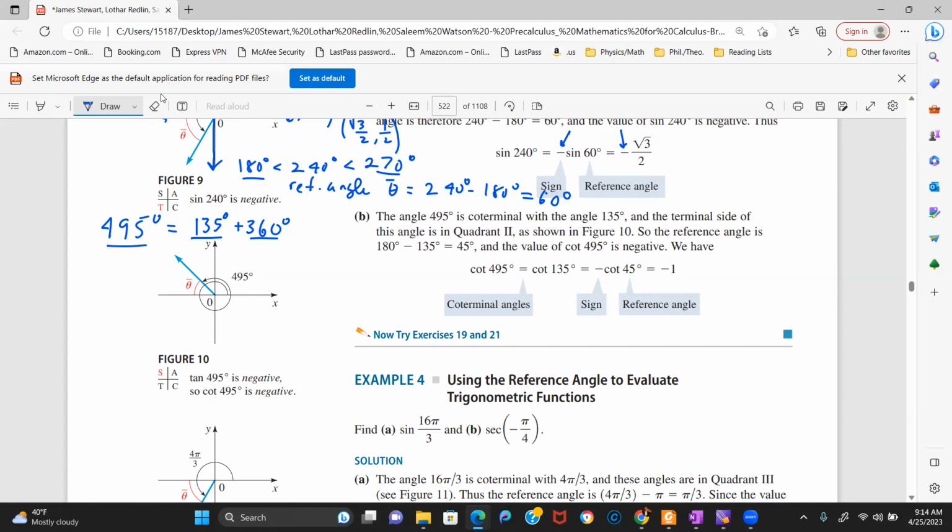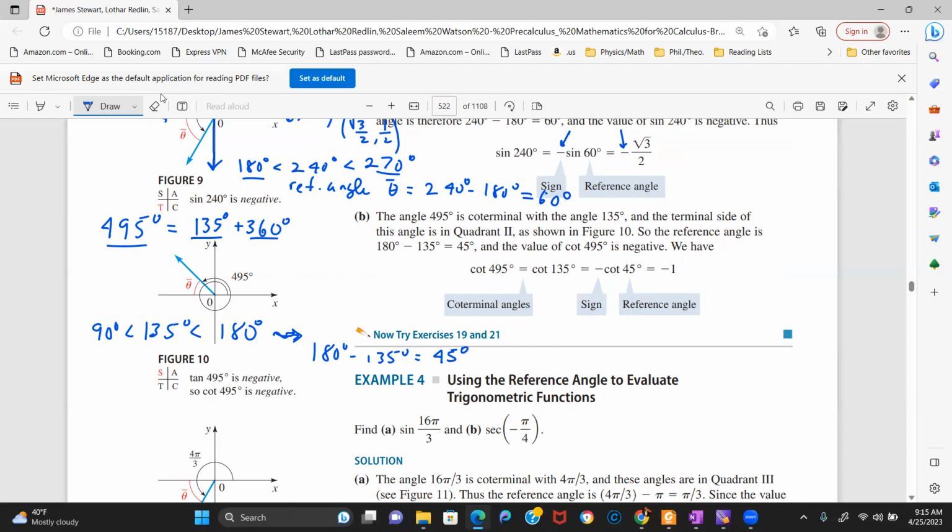The 360 means you rotate all the way around, one revolution, and then the 135 means you rotate a bit more. But 135 is between a 90-degree angle and a 180-degree angle, so you're going to land in the second quadrant. And this reference angle right here is 180 degrees minus 135, which we kind of did already, is a 45-degree angle.